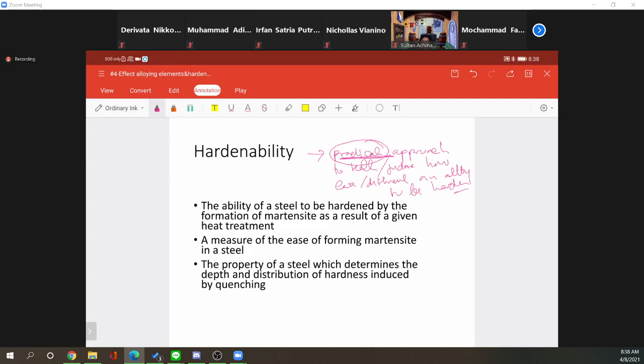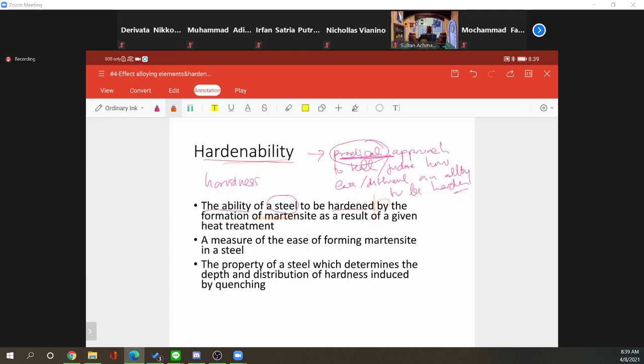So instead of discussing hardness now, we call it hardenability, which means the ability of steel or alloy to be hardened. But the next part is very important. If your answer just stops here, it will not be correct. So there should be an additional word to say it. What we call hardenability is the ability of steel to be hardened by formation of martensite.